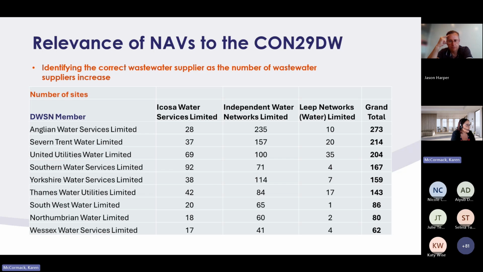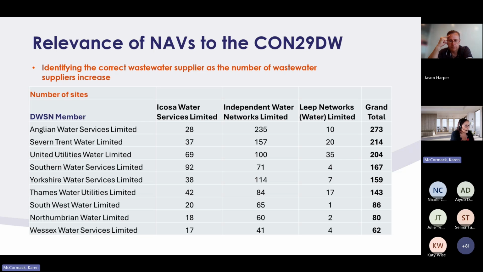So when Jason talks about that explosion, you can see just how many sites are now serviced by a NAV supplier. As Jason's already mentioned, not all NAVs initially know about the need to provide that water and drainage information, or want to provide it, and this can cause delays when we're trying to return CON29DWs.